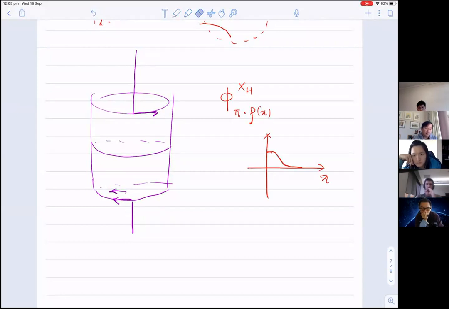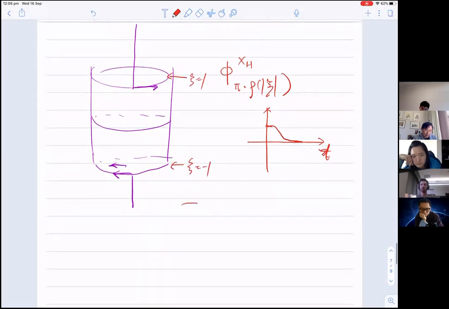Maybe I put some t here. And actually maybe t is the norm of the c. Let's say here c is 1, here c is minus 1. So we are looking at the cotangent bundle of S1, so it's S1 cross R.